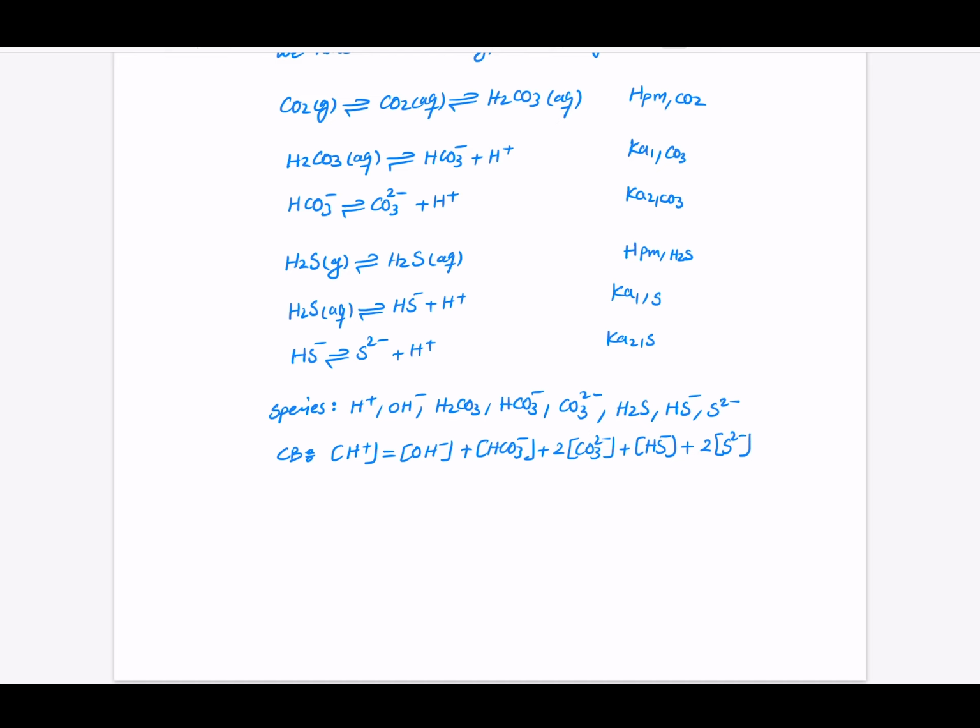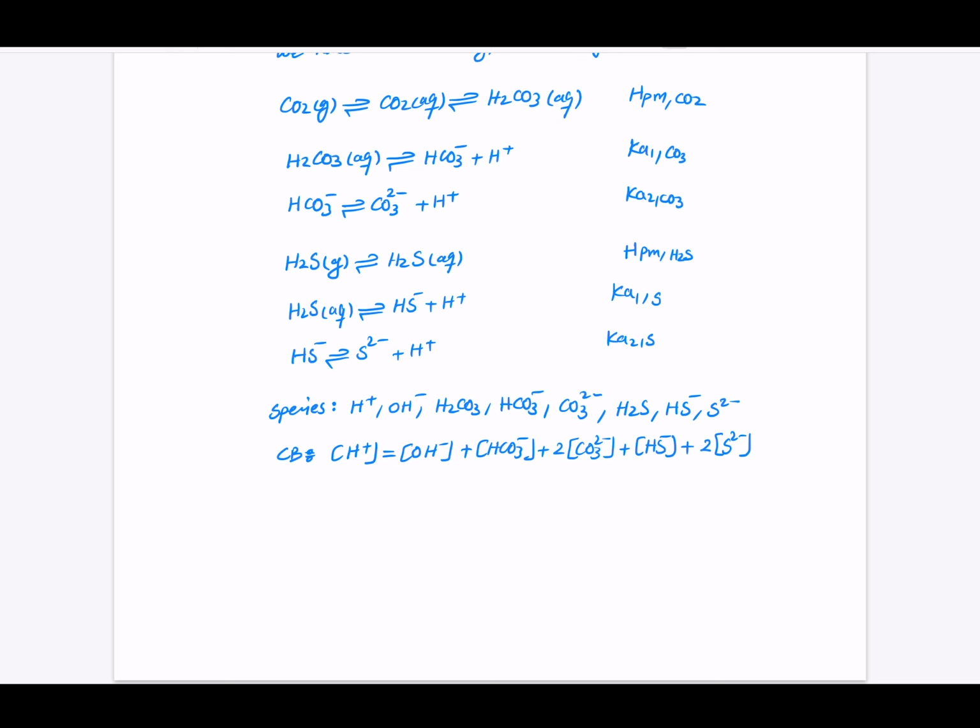And in terms of the equilibrium, in addition to the K values, we have these two values that relate the concentration in the liquid phase to the partial pressure of the gas.